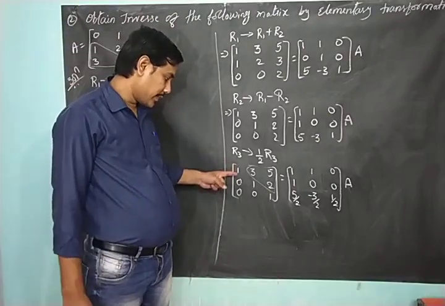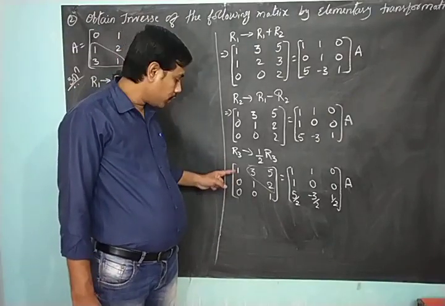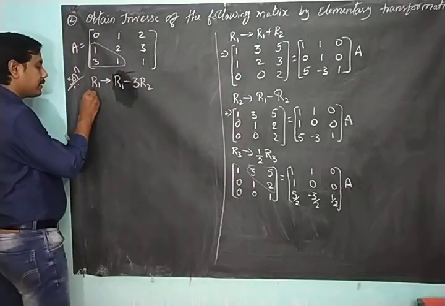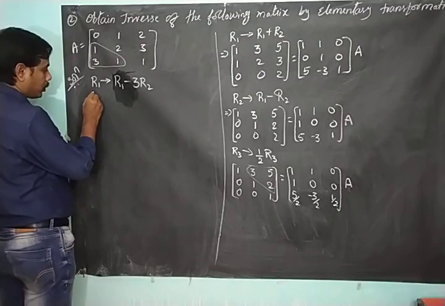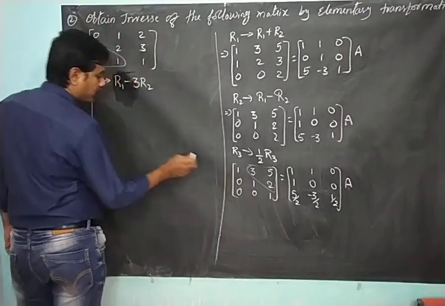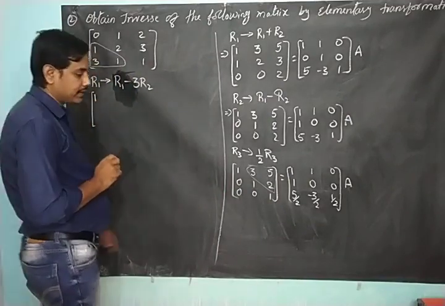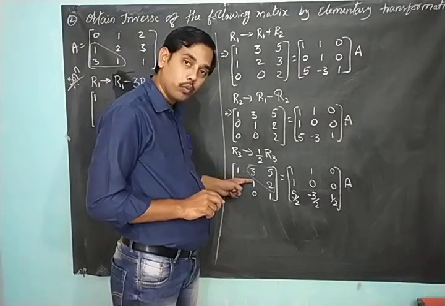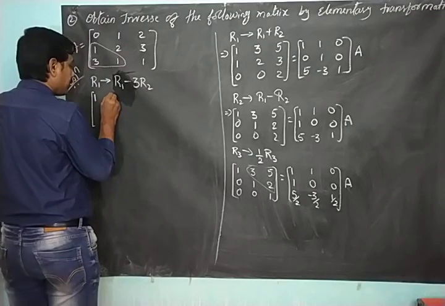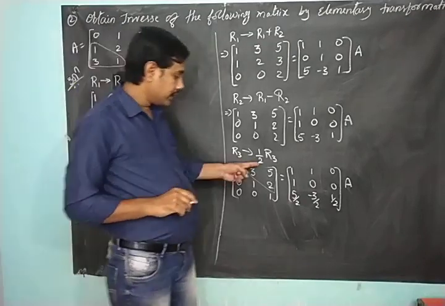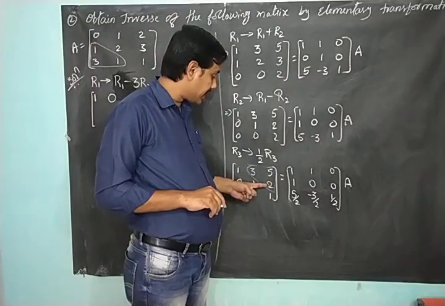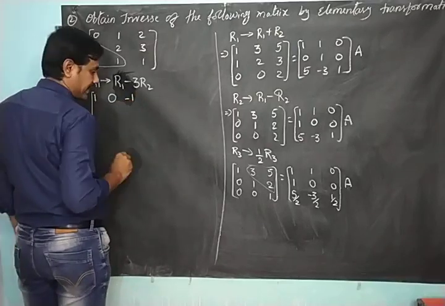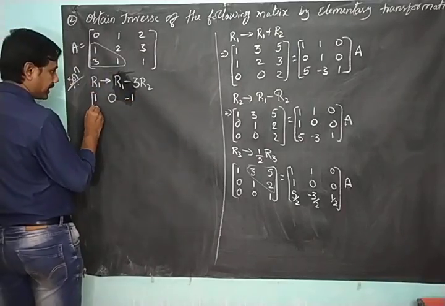R1 minus 3R2. 1 minus 3 into 0. 3 into 0 is 0. 1 minus 3 into 0 will be 1. Right? So what happens here? 1 minus 3 into 0. So 1 minus 0, that is 1. 3 minus 3 into 1. 3 minus 3 into 1. So 3 minus 3 is 0. Then 5 minus 3 into 2. What is 3 into 2? 6. 5 minus 6 is minus 1. And this will remain as it is.